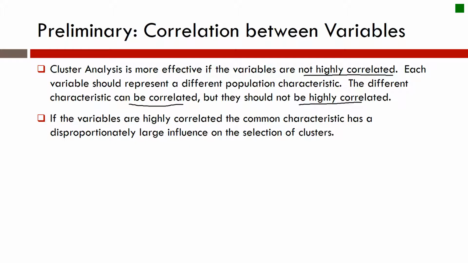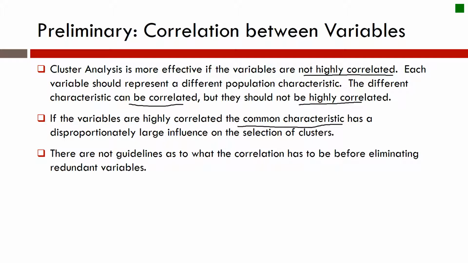If variables are highly correlated, the common characteristic may be disproportionately large in terms of its influence on placing individuals in clusters. So multicollinearity has the effect of an overemphasis of a particular trait on a particular group.